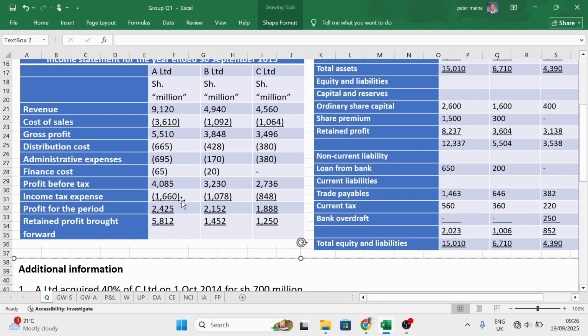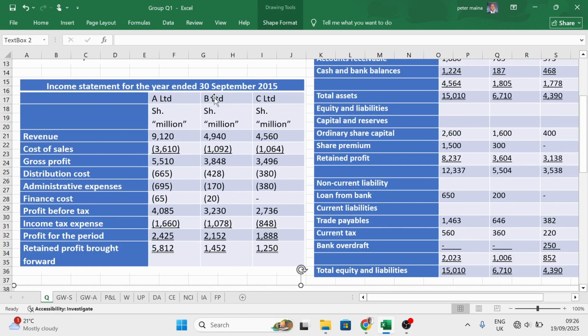So we go to the income statement. In the column of B Limited, check for the profit for the period. Profit for the current period is 2152. That is profit after tax, but before the dividends, if dividends were there.